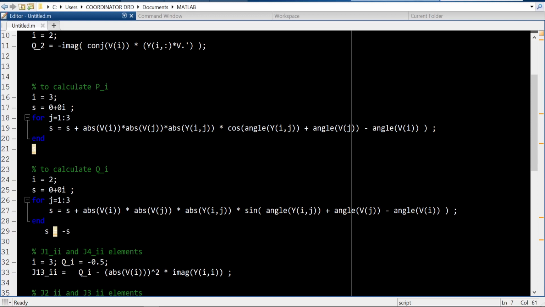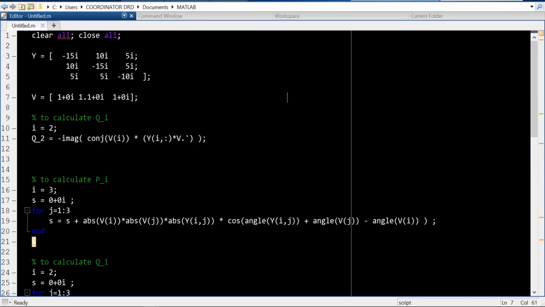I have defined the same Y bus, a 3 by 3 matrix, and the bus voltages: 1 at an angle 0, 1.1 at an angle 0, and 1 at an angle 0. So 3 bus voltages, V1, V2, V3.